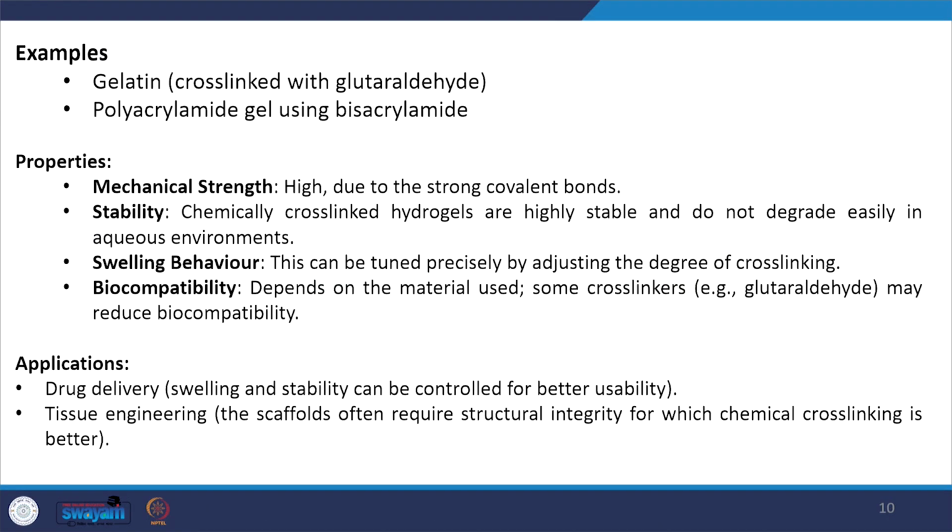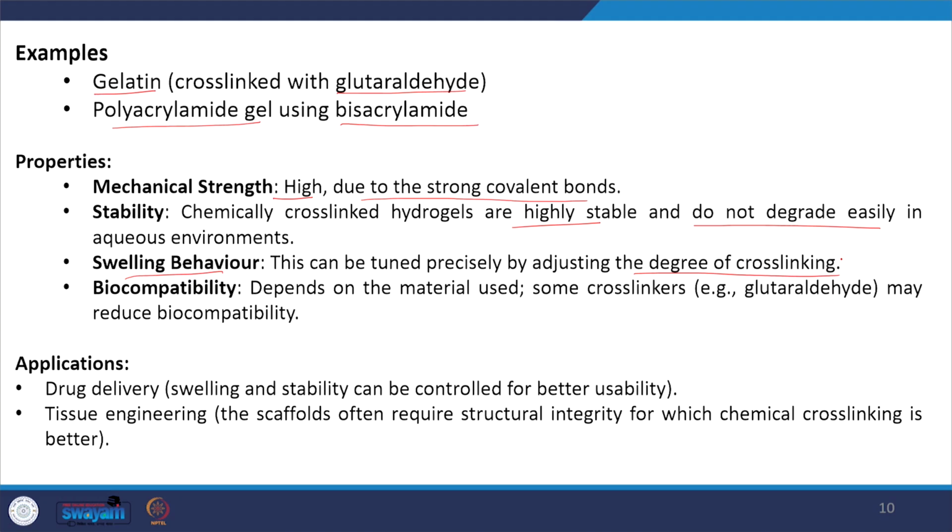Let us see some of the examples. The first one is gelatin, which can be cross-linked using glutaraldehyde, and next one is polyacrylamide gel, which can be cross-linked using bisacrylamide. This chemical cross-link based hydrogel has high mechanical strength due to strong covalent bonds, and it is highly stable and does not degrade easily in aqueous environment, and the swelling behavior can be fine-tuned by adjusting the degree of cross-linking.